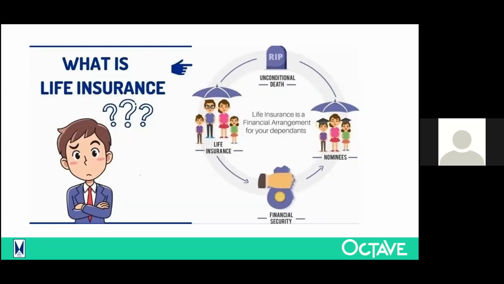Now, if we apply the same concept to life insurance, you're basically saying, okay, I'm going to have a contract between myself and the insurance company, and I want the insurance company to guarantee me that they will cover me in an unconditional death, or if I'm hospitalized, and they will provide financial security to either you or nominees you provide.